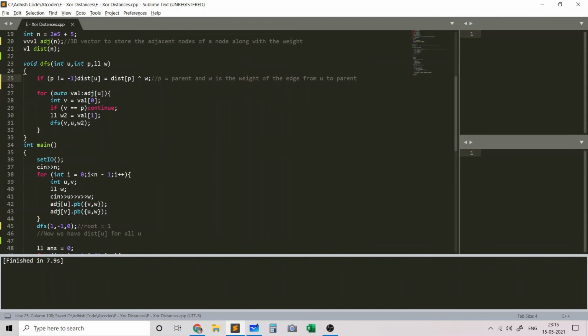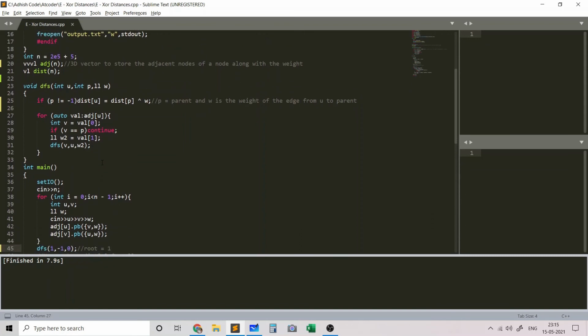And initially I call it on 1, -1 and 0, because -1 would signal that 1 is the root, and in that case the distance of the root would be 0.